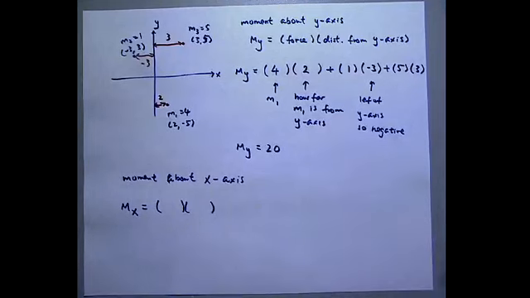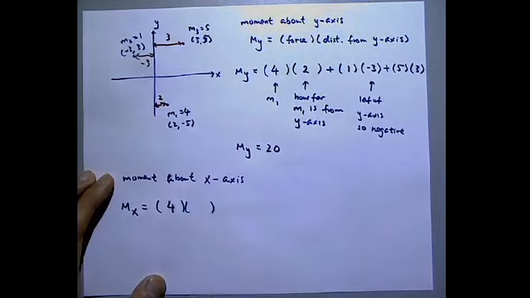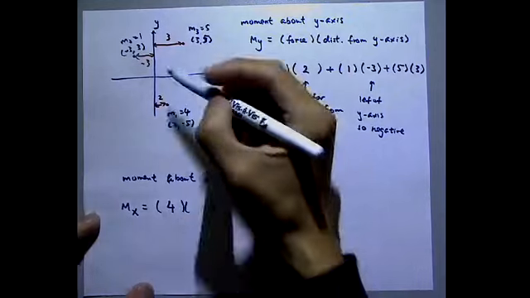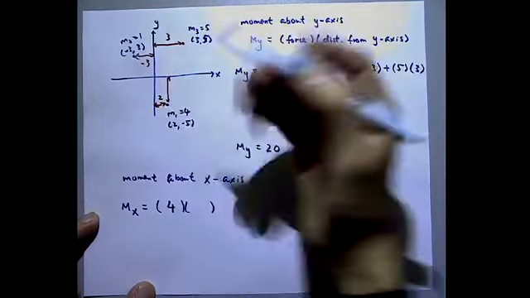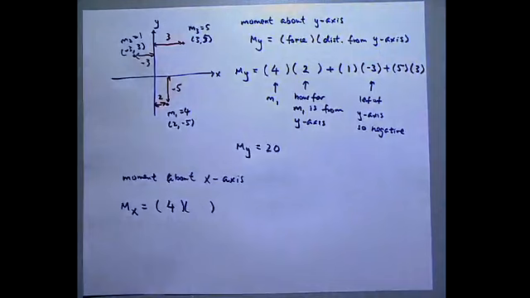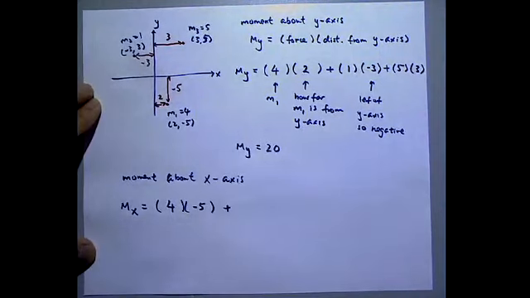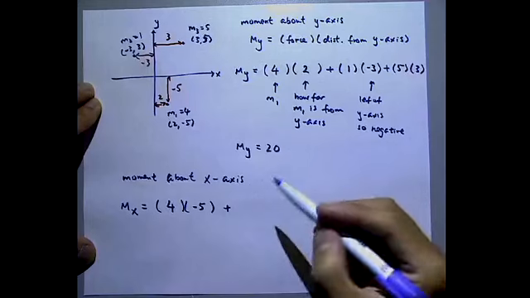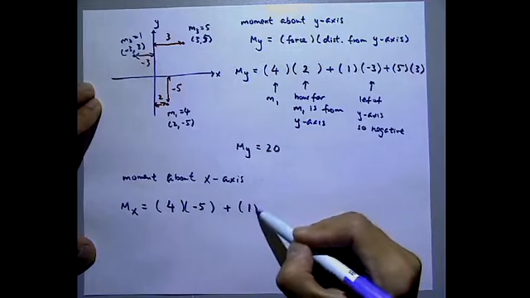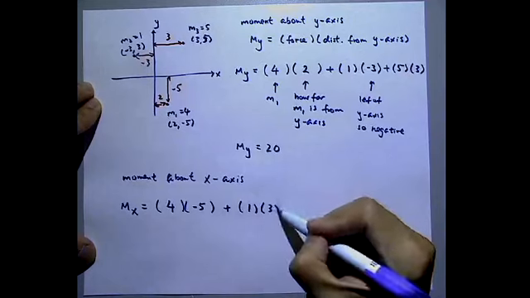The first one, let's go M1 in order again. The first mass is 4, right? What about the distance from the x-axis? Negative 5, right. It's 5, but it's below. So let's put in a minus 5 for the distance. How about the second point? What do we get? What do I multiply? 1 and 3, right.